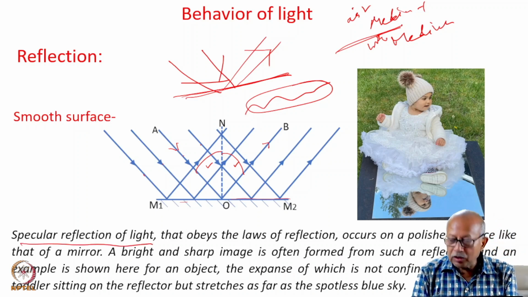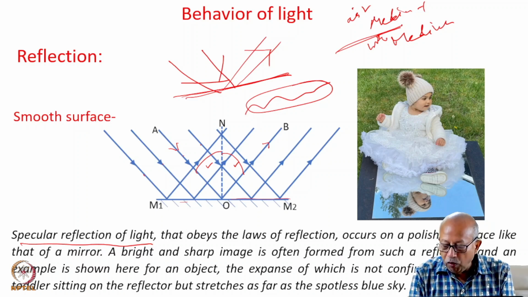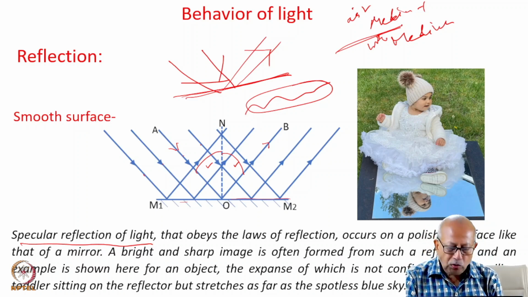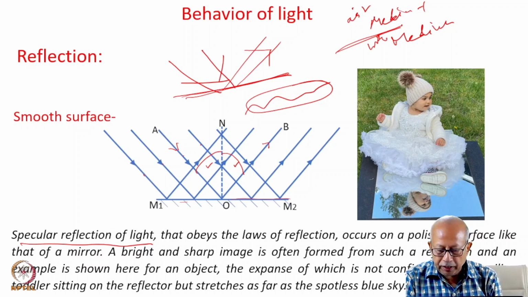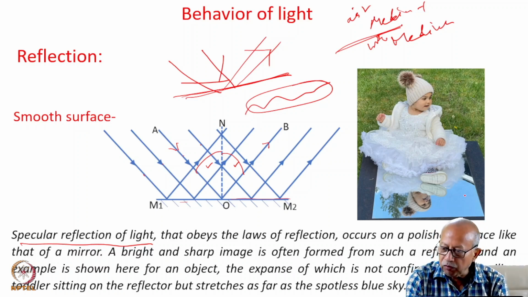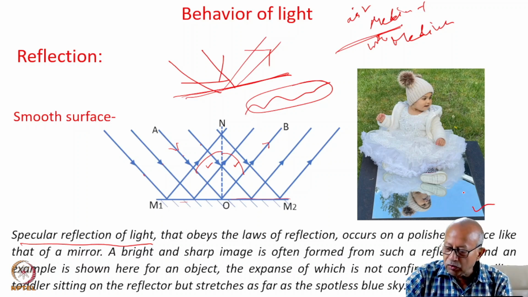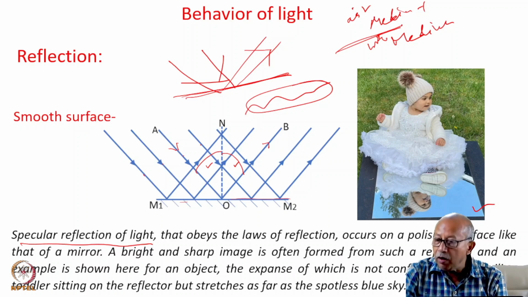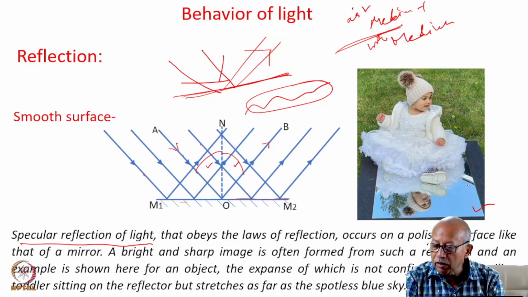A bright and sharp image is often formed from such a reflection, and an example is shown here, for an object, the expanse of which is not confined to the smiling toddler alone sitting on this reflector. This is the reflector mirror, but stretches as far as the spotless blue sky, which of course is not seen here, but the reflection of the blue sky is clearly evident on this mirror.